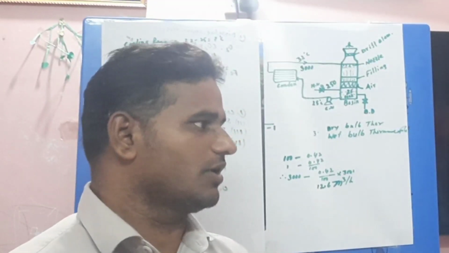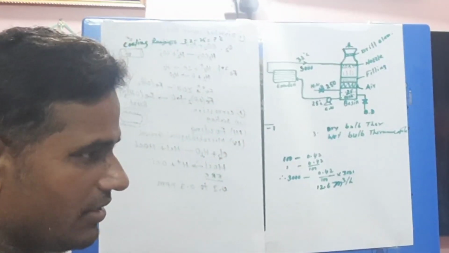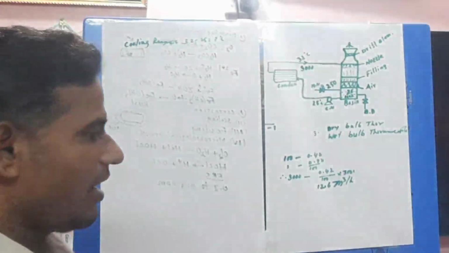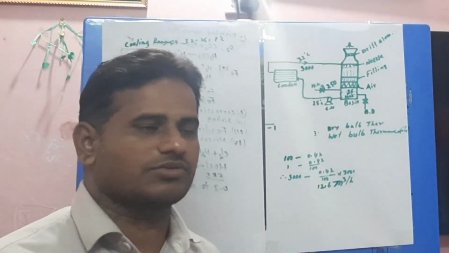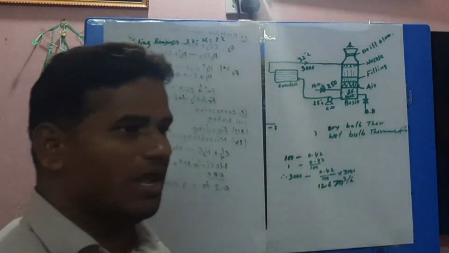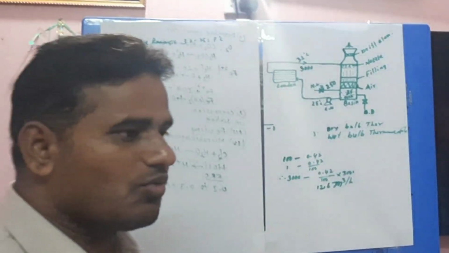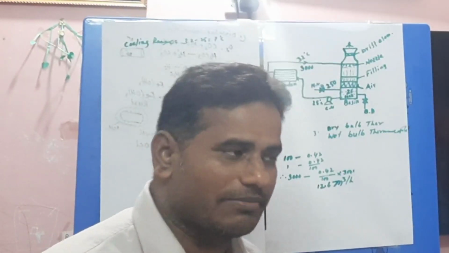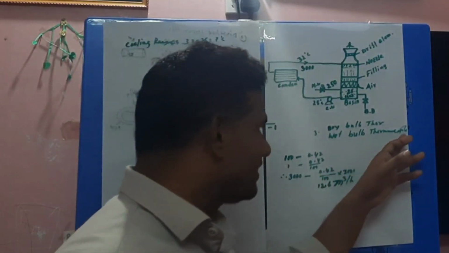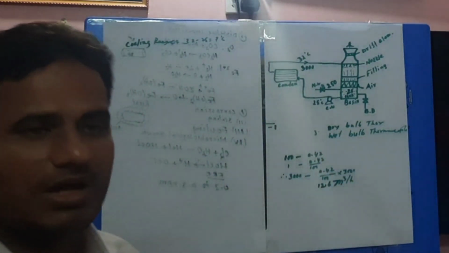If I put one thermocouple in the air, outside in the atmosphere, how much temperature will be shown? It is called dry bulb thermocouple. But for wet bulb thermocouple, in the air how much quantity of moisture is available? For understanding this, you have to measure the temperature by wet bulb thermocouple.